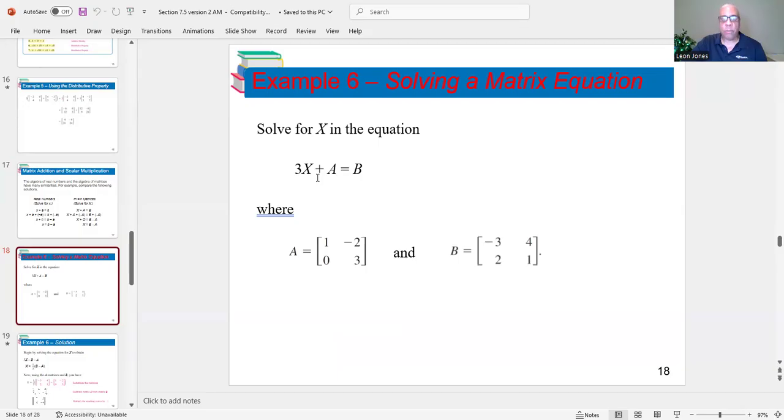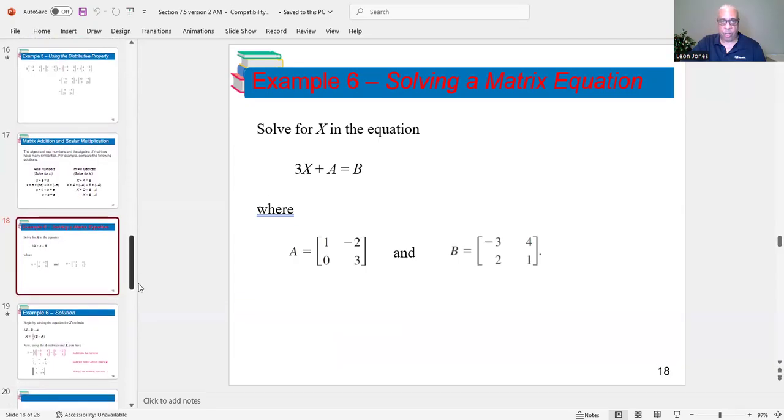This is a regular formula, in which I will get into some algebra in some of these videos as well. Once you subtract both sides by A, then you're going to divide both sides by 3. And this is how you solve the same thing for a matrix equation.